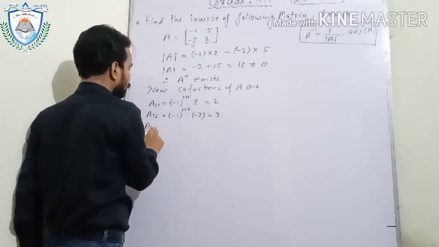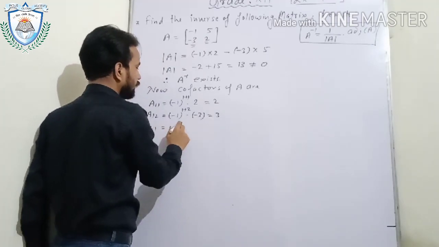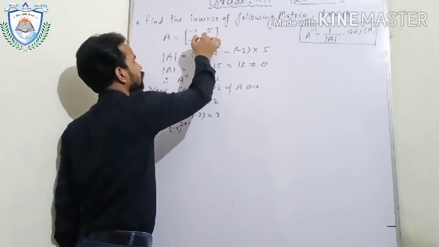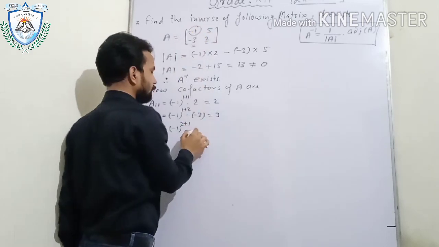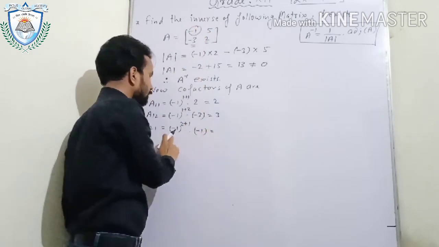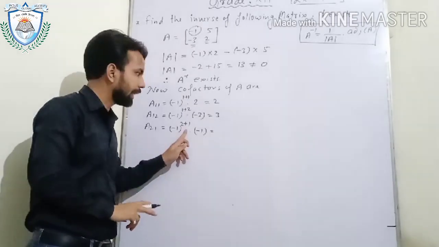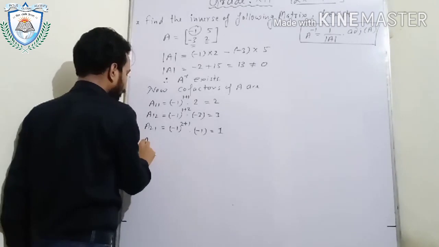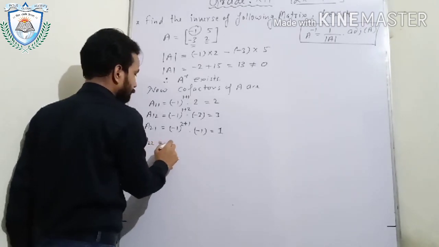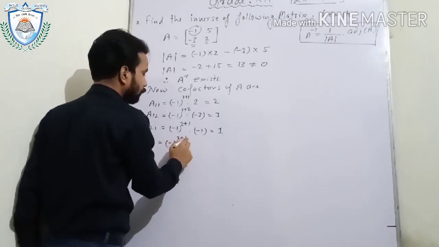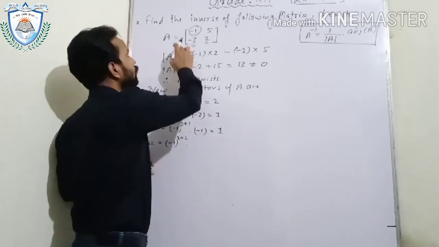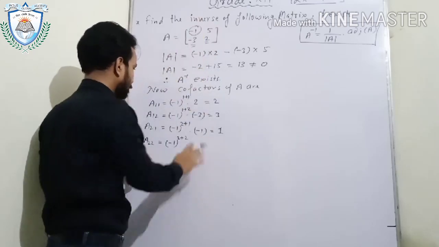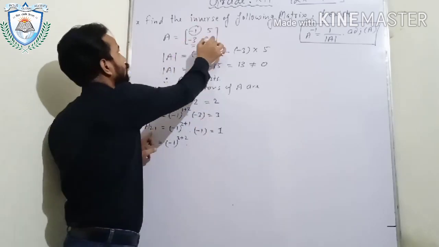Now A21. A21 is minus 1 to the power 2 plus 1 into M21. Second row, first column. So what is left? Minus 1. Now minus 1 to the power 3, its value is negative 1. Second row, sorry beta, A21, second row, first column.